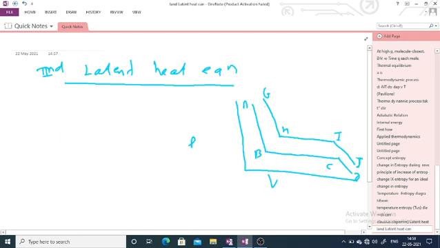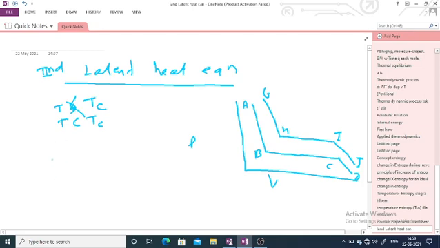According to this isothermal curve, the temperature must be less than the critical temperature.